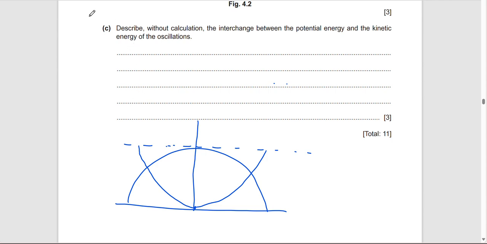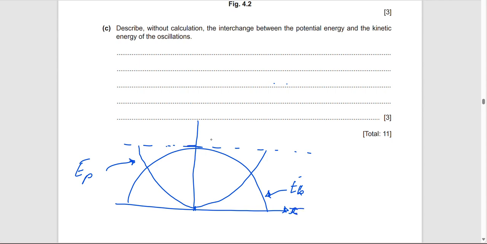Remember the kinetic energy. This is the sine graph, right? This is the kinetic energy, and then this is the potential energy, Ep, right? And this is the displacement, x, right?